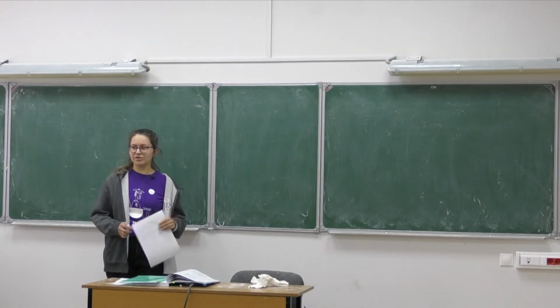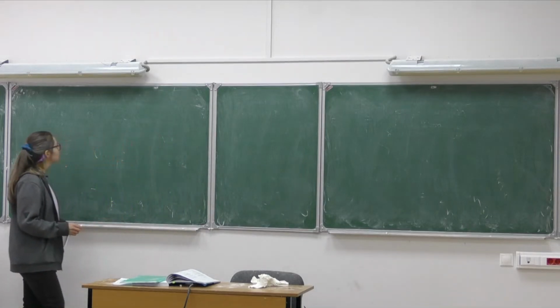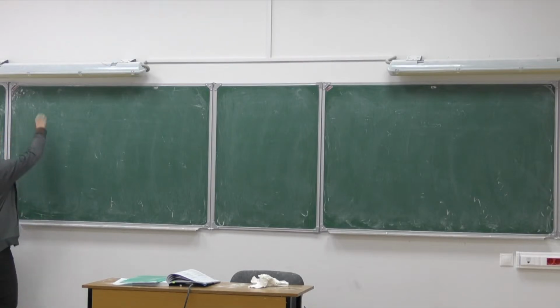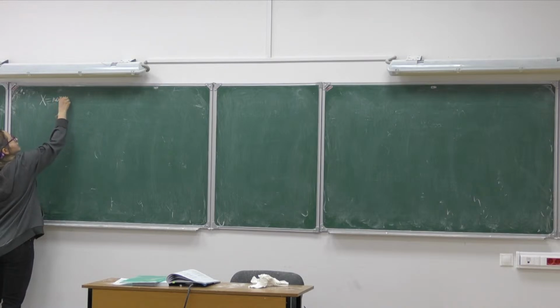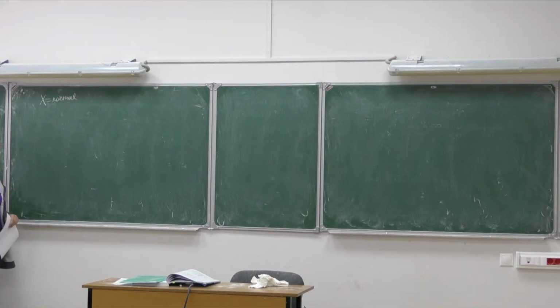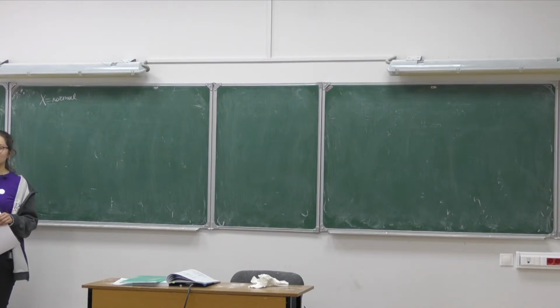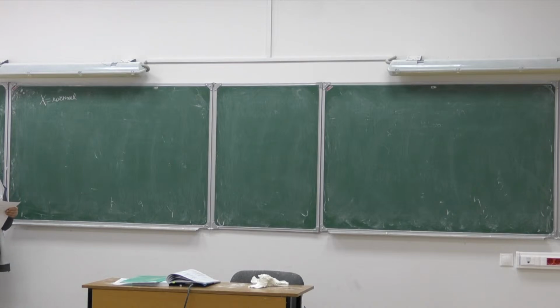So, first of all, today X will always be normal. First, I state some statements about divisors, and in all these statements, I assume that my algebraic variety is normal. What do we need?